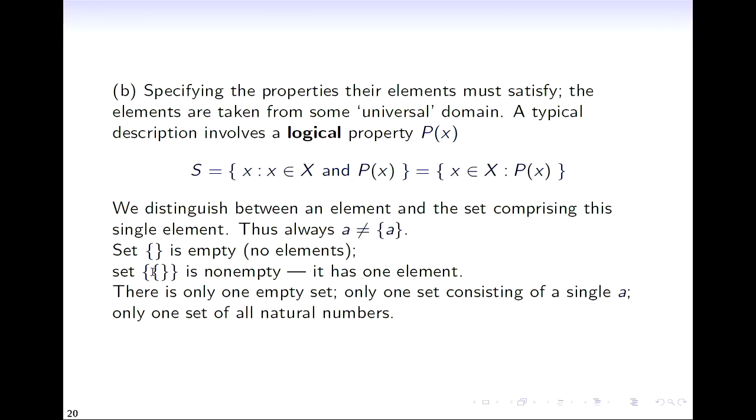It contains 1 element, namely the empty set itself. And there is only one empty set. There's only one set that consists of a single A, and there's only one set of, for example, all natural numbers.